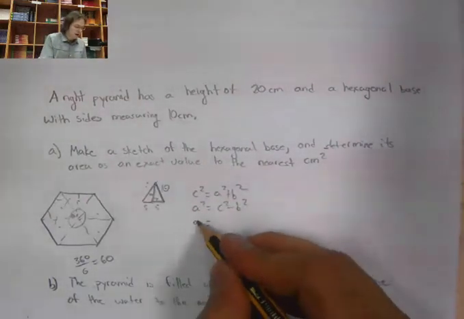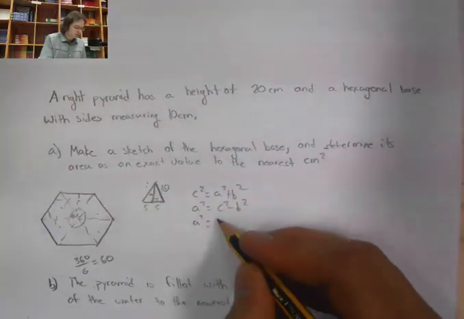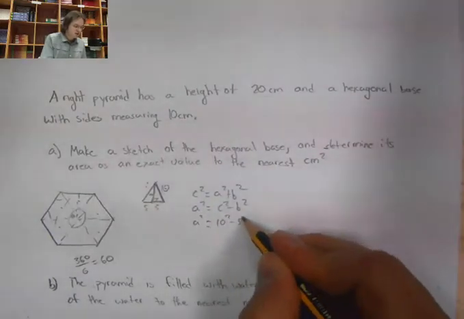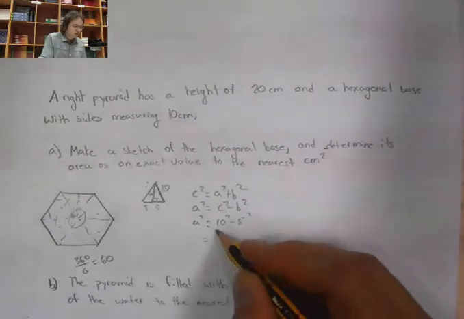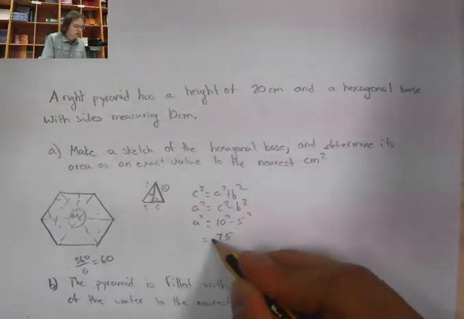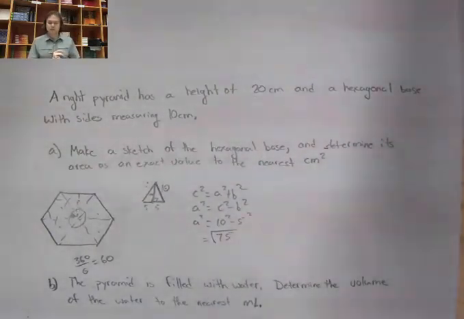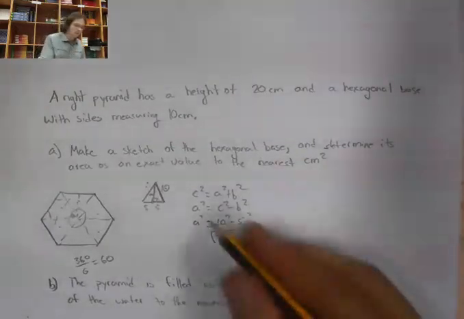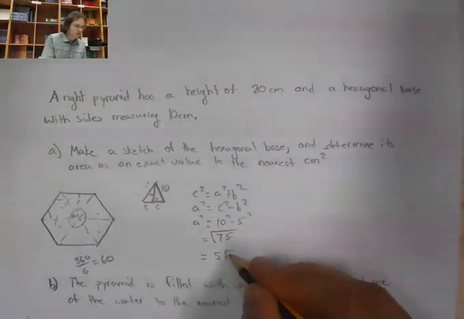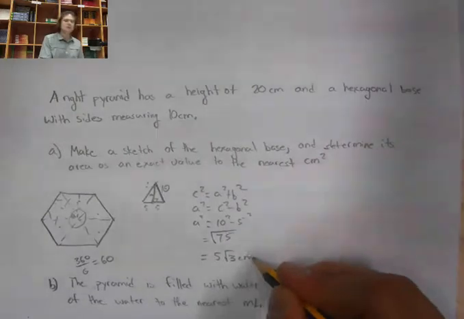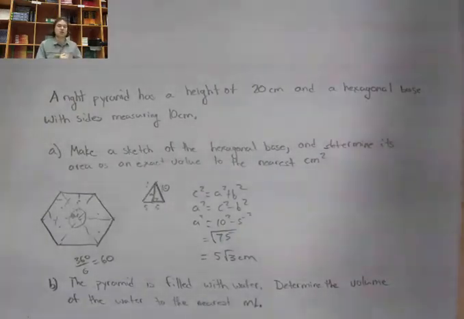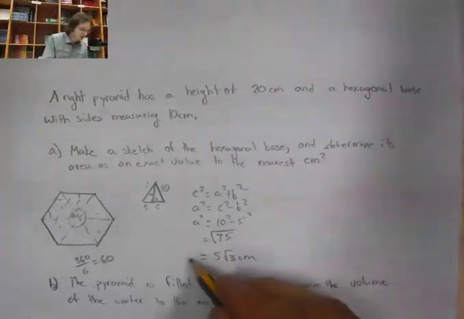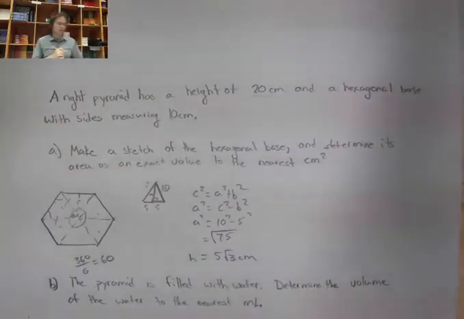I'm going to have a squared is equal to 10 squared minus 5 squared, which is going to give me 75, and we want the square root of that. All right? Which is the same as 5 root 3 centimeters. So this is kind of going back to our very first unit. All right? So that is my height of each triangle.